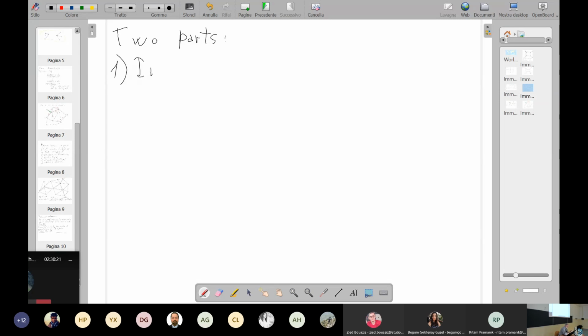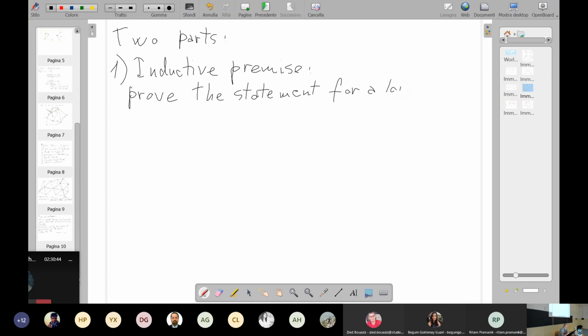One, inductive premise: prove the statement for a low k, generally k equal to 1. And this is generally very easy, but absolutely necessary.